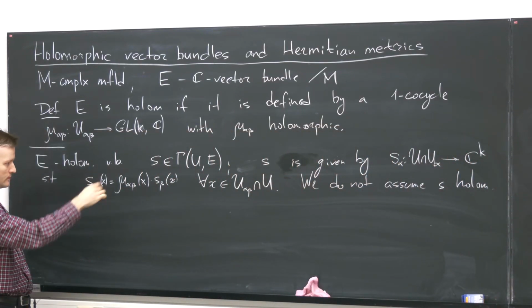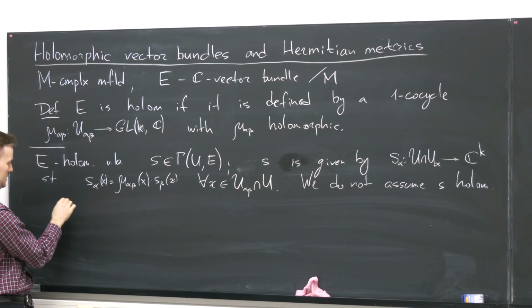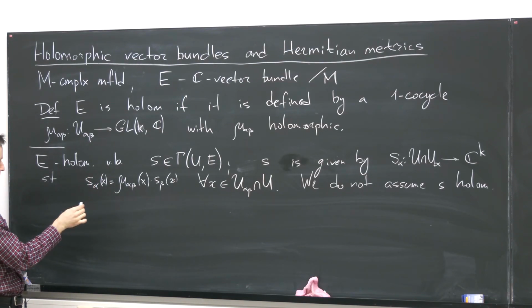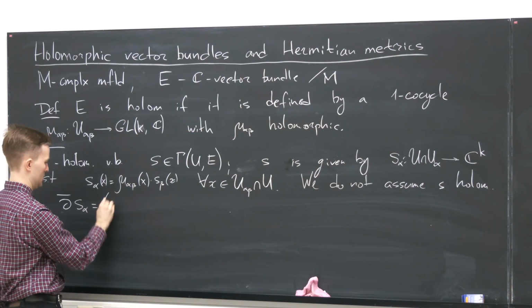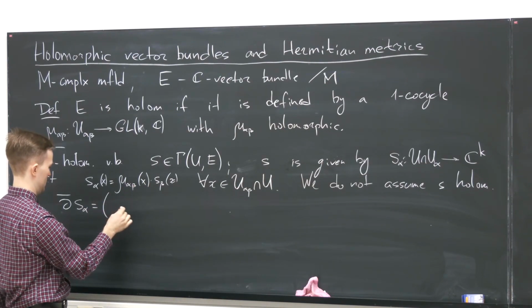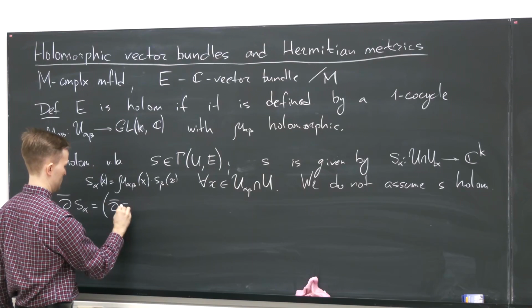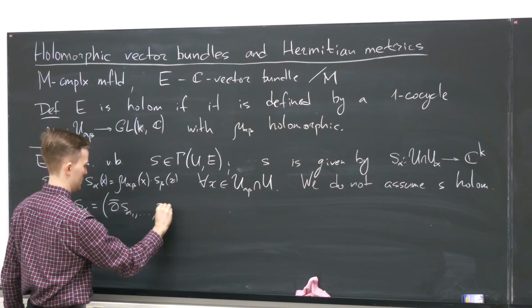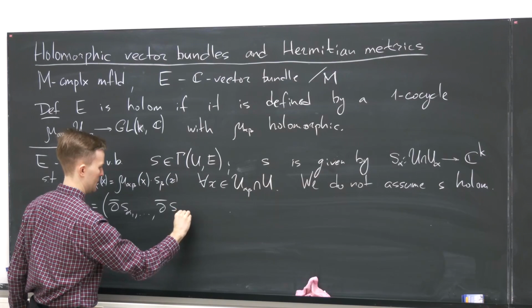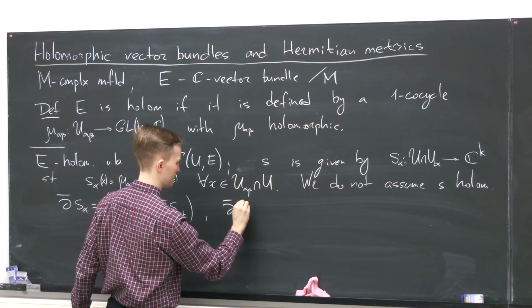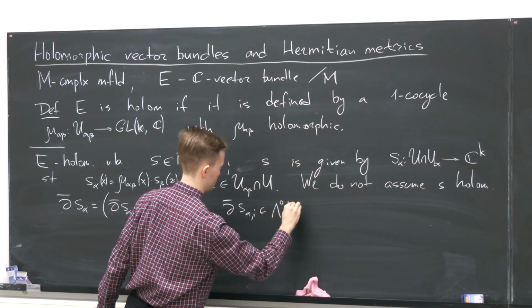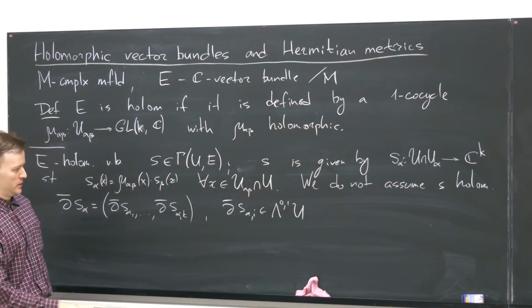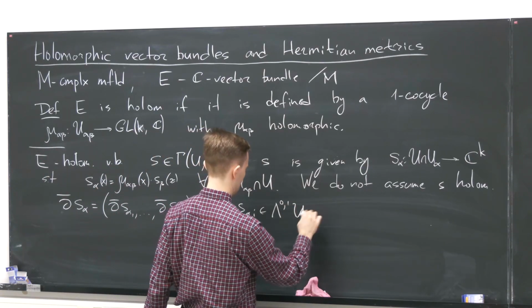But then I can write the components of this S alpha and apply to them the del bar operator. And then, well, I get some collection of (0,1)-forms, del bar S alpha 1 and so on, del bar S alpha k. These are just (0,1)-forms on this open set U intersected with U alpha.